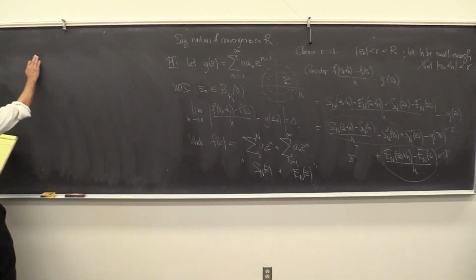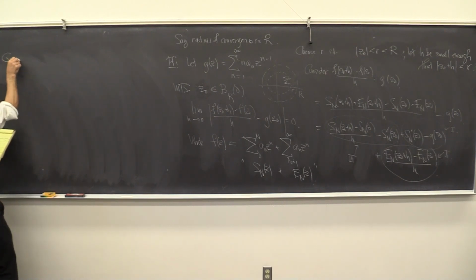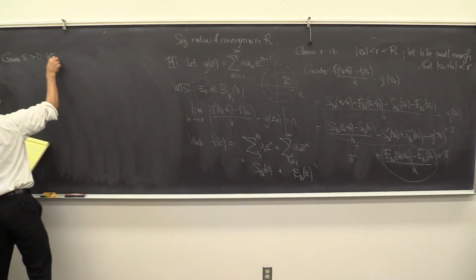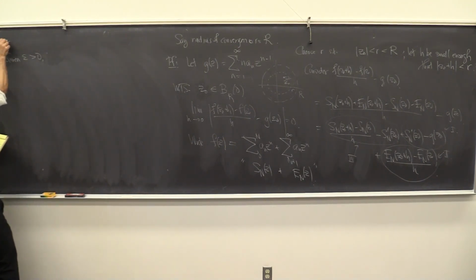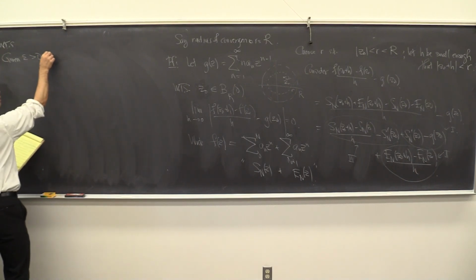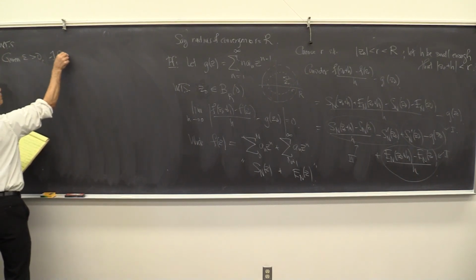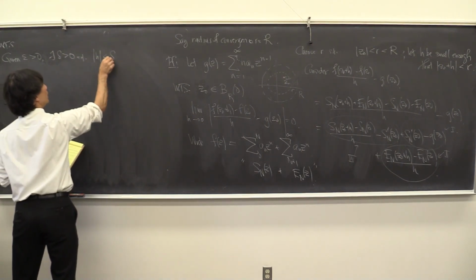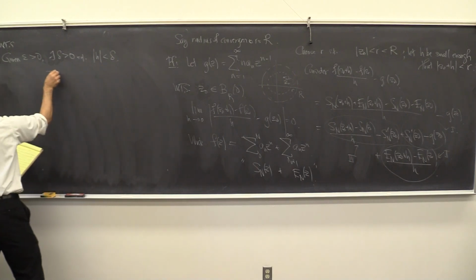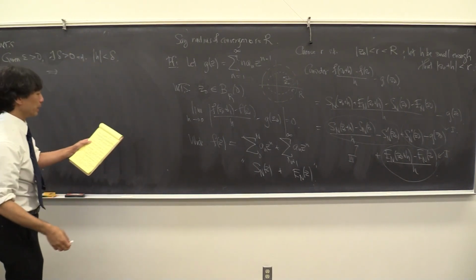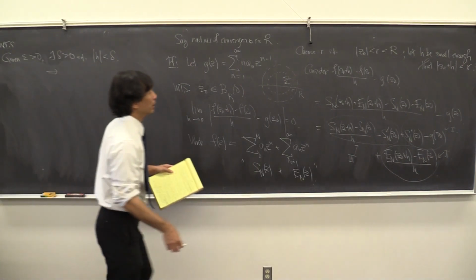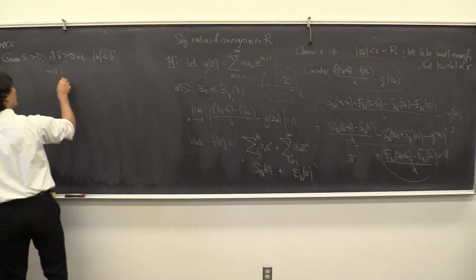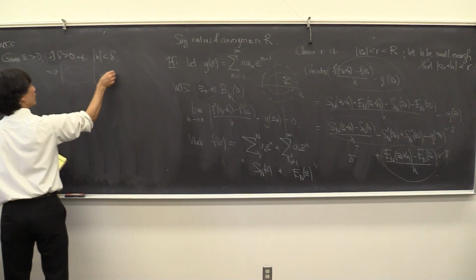Given any epsilon, we want to show that there exists a delta such that if the size of h is smaller than delta, then the size of the circled thing is smaller than epsilon.